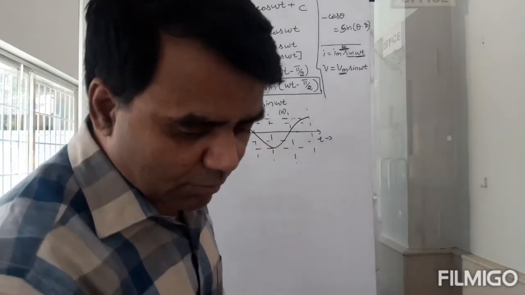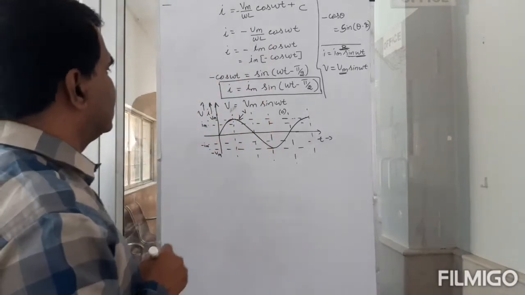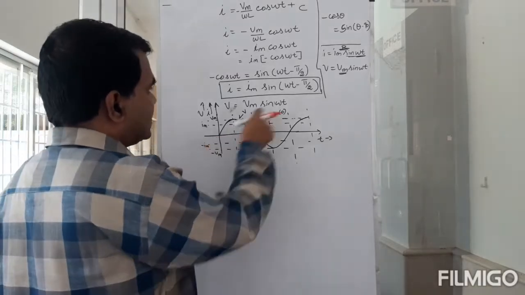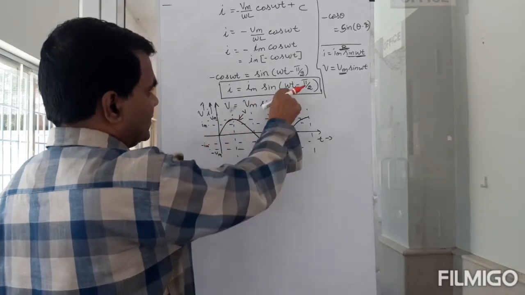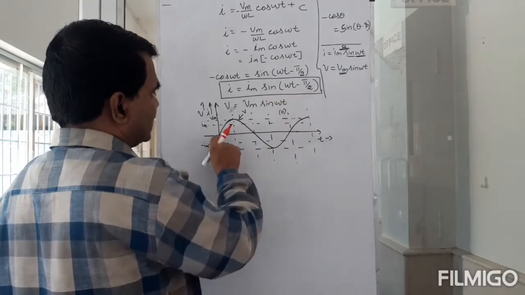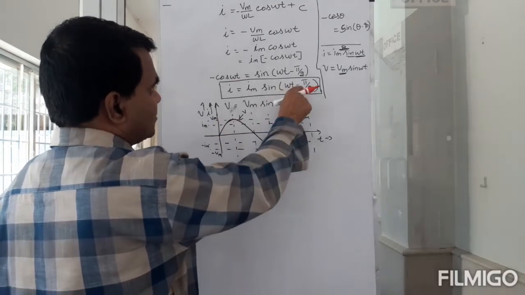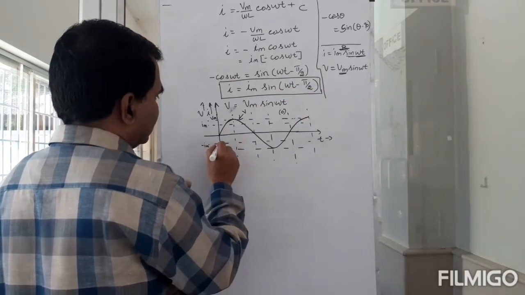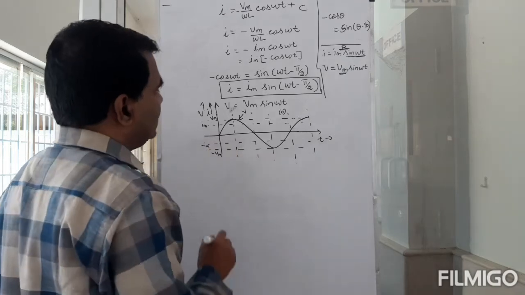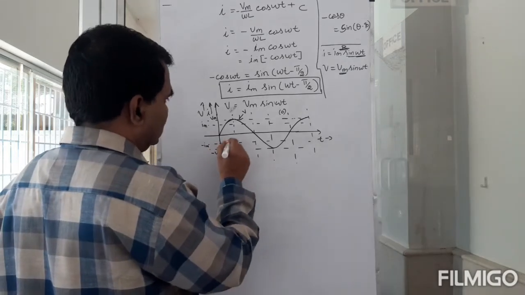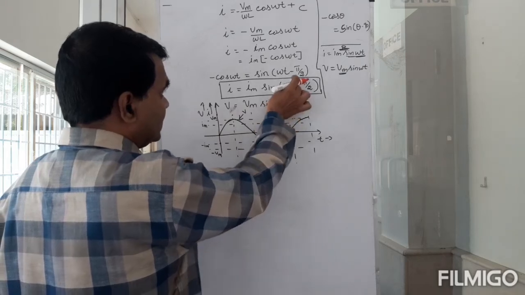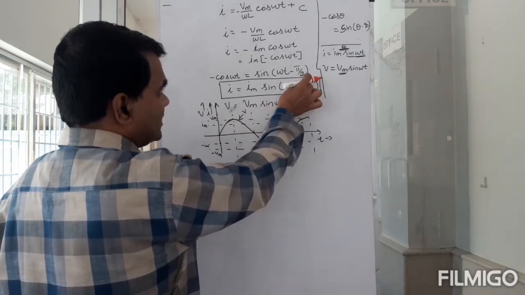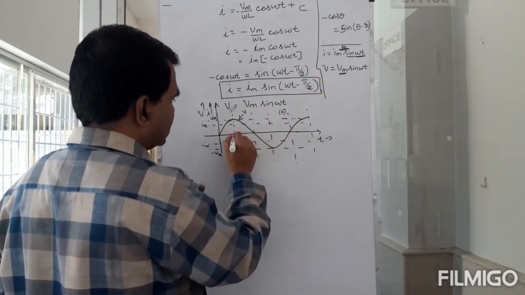So I'm going to draw my I graph now. You see, when omega t is 0, the angle is 0, V is 0, but the current has minus pi by 2, so I have a negative peak. When this is 90, 90 minus 90 is 0, so it will be 0 here.